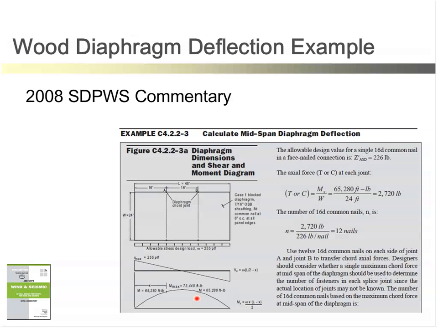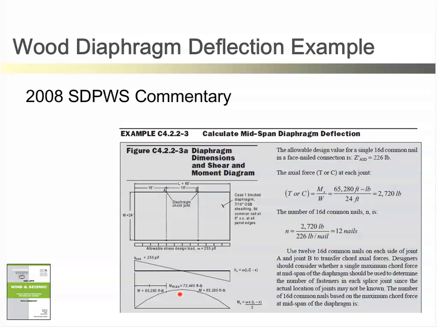The maximum moment here in the middle of the diaphragm, 73,440 foot-pounds. So that's important because when we do the analysis later, we're going to be analyzing those chords at the splices. But if you are not sure where those splices are going to turn out in construction, you may want to use that maximum moment for your calculations.